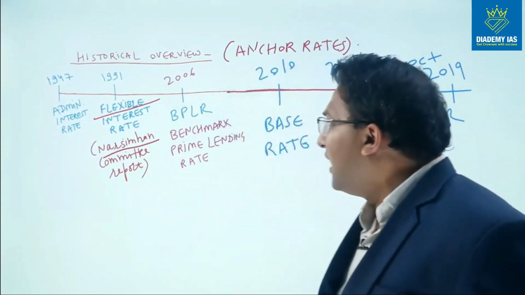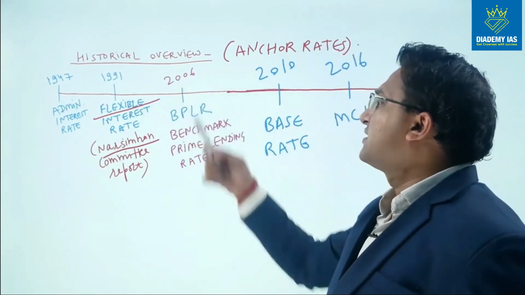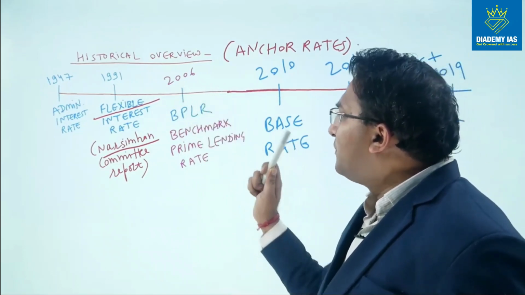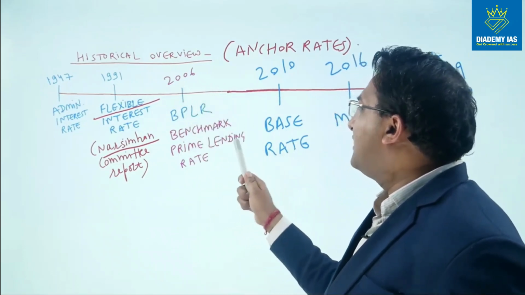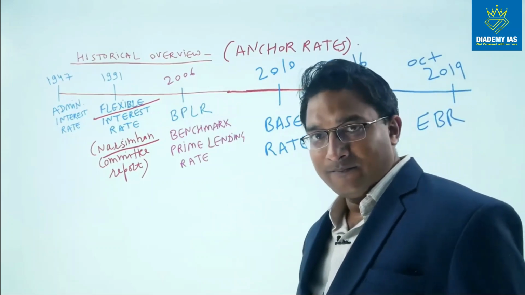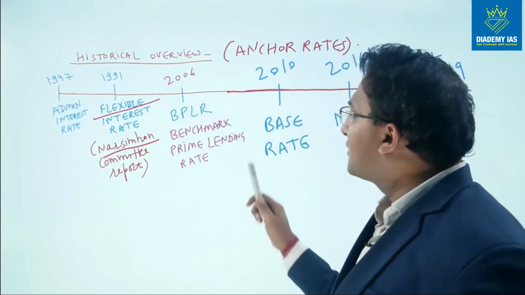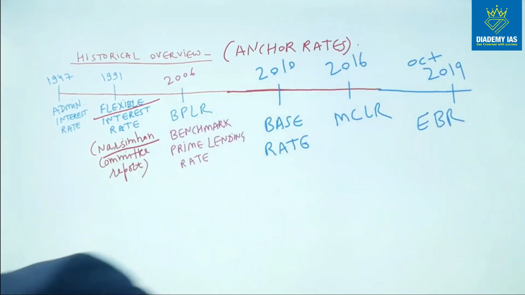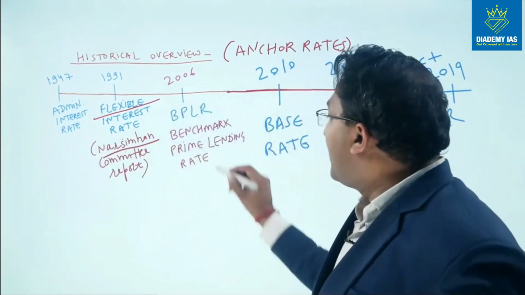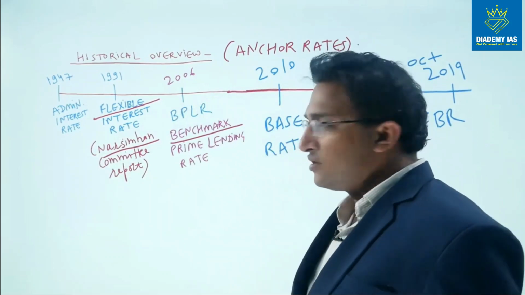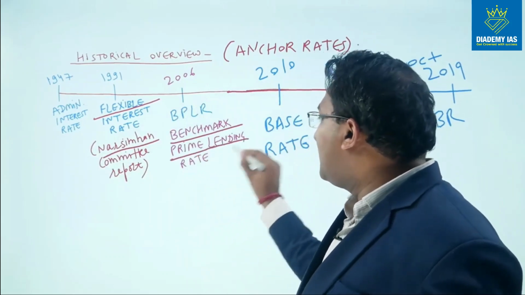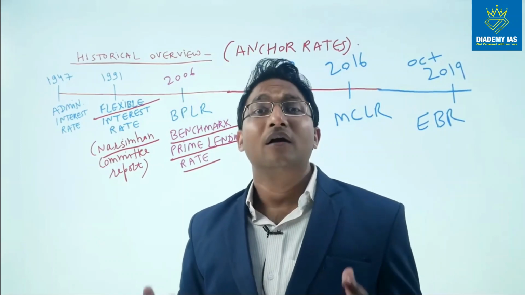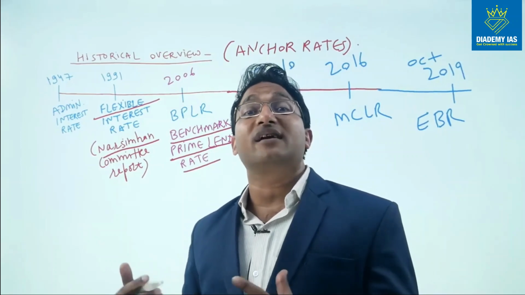Right? Now, in 2006, this benchmark prime lending rate was introduced. Benchmark means a reference point. Prime lending rate means the lending rate to the prime borrower. Who is the prime borrower? Prime borrower is a credit worthy customer.